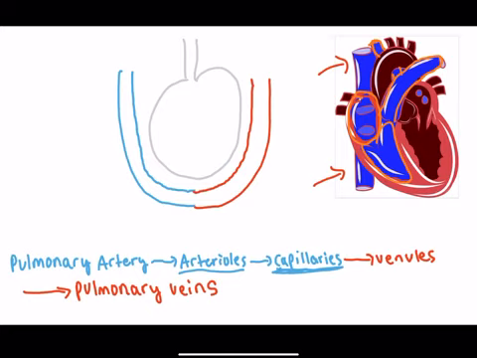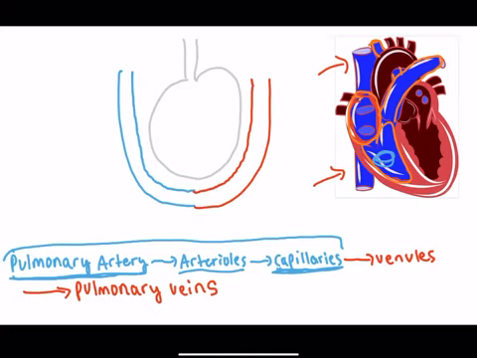Notice that I wrote all of this in blue, because this all starts from the pulmonary artery, which is carrying the deoxygenated blood that was just pumped from the right ventricle.